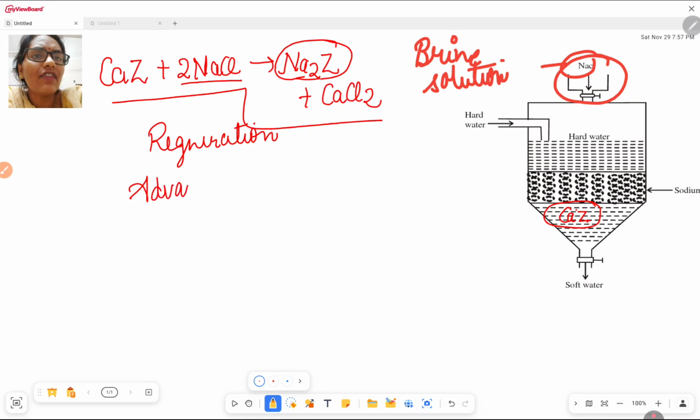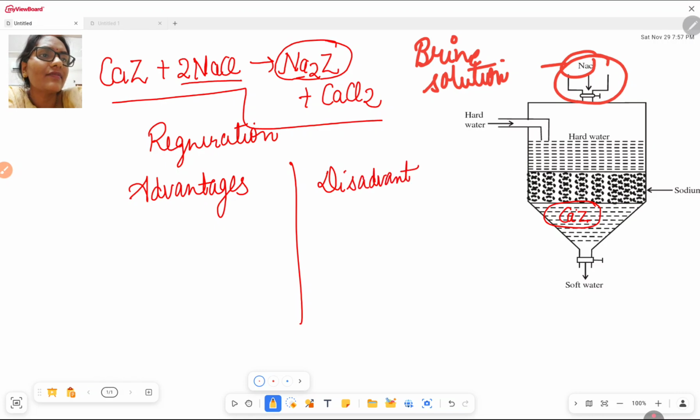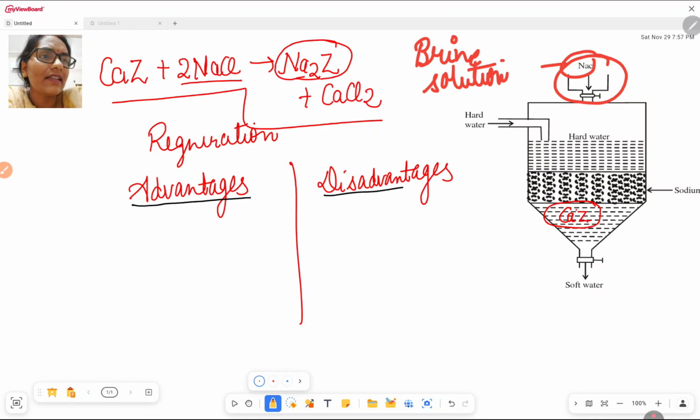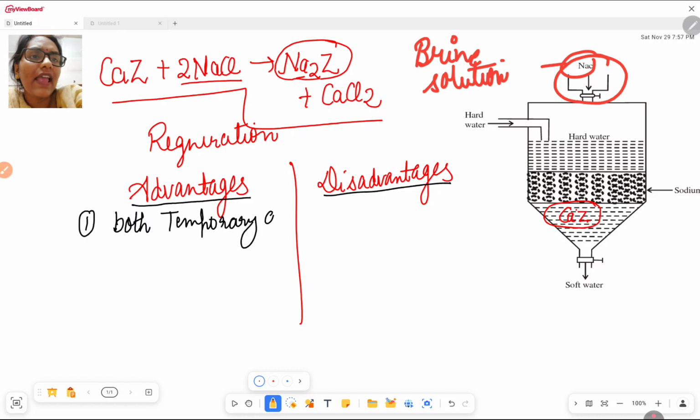So what are the advantages and what are the disadvantages of this process? The advantage of this process is it removes both types of hardness, temporary as well as permanent hardness.